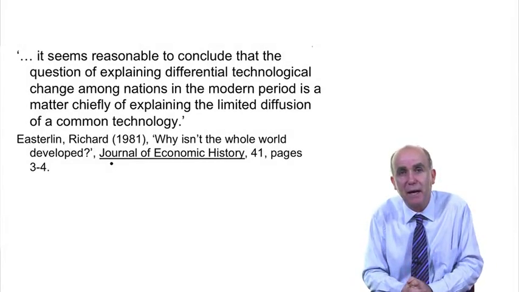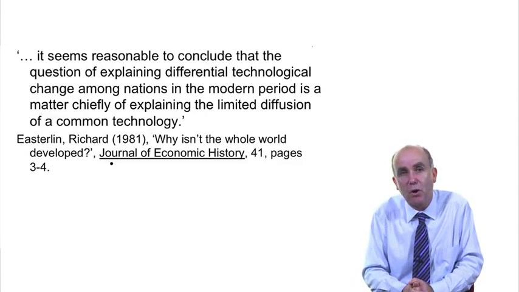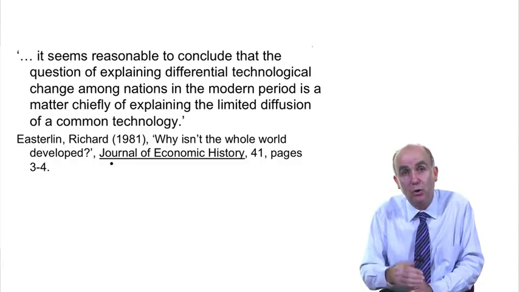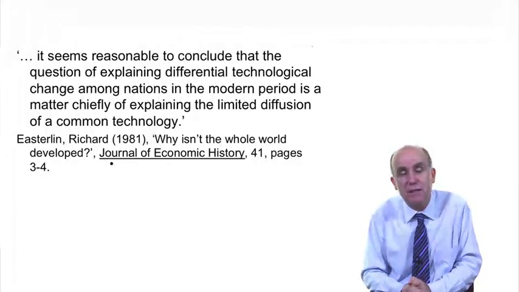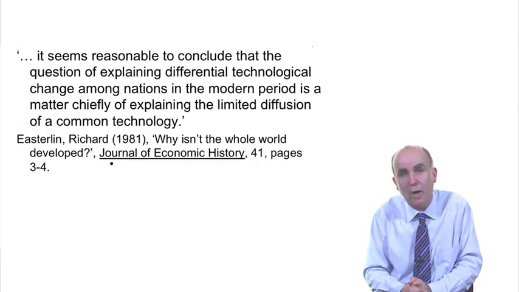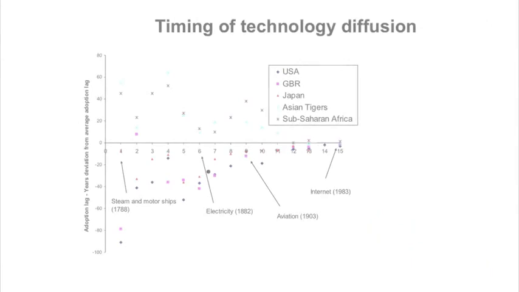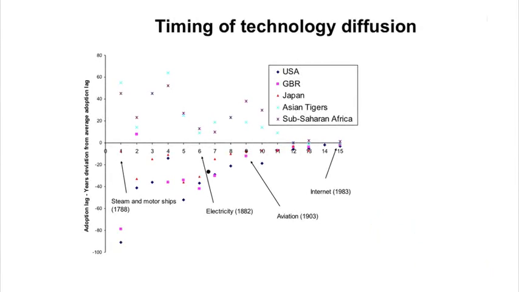So Easterlin is making the same point: there are rich countries that have advanced technologies, and there are countries behind that could be taking those technologies from the rich countries but don't seem to have done so. And so the question becomes, why not? In this graph, I've shown data from a recent study by Diego Comin and Bart Hobijn.